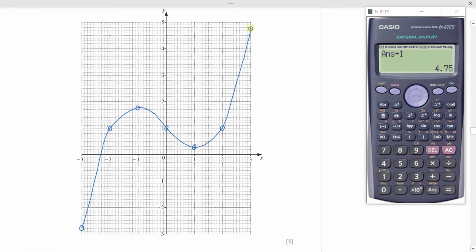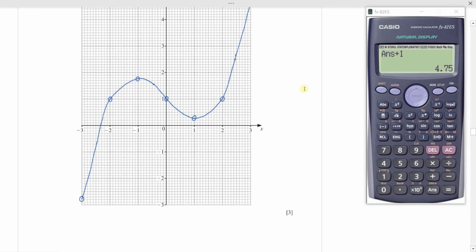So this is how your curve will look like.